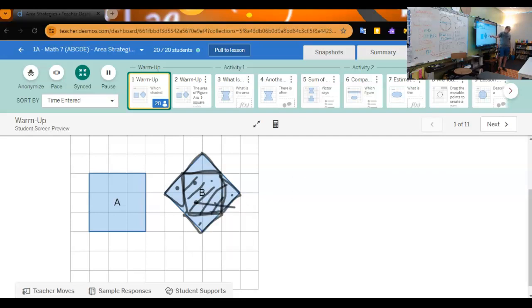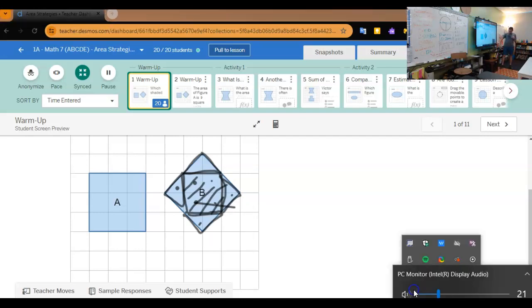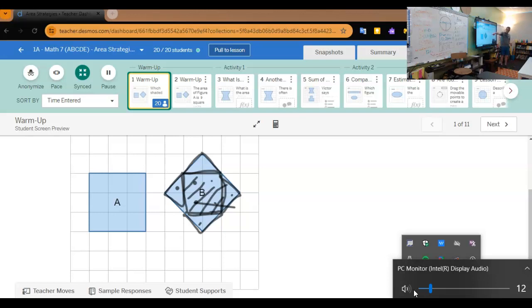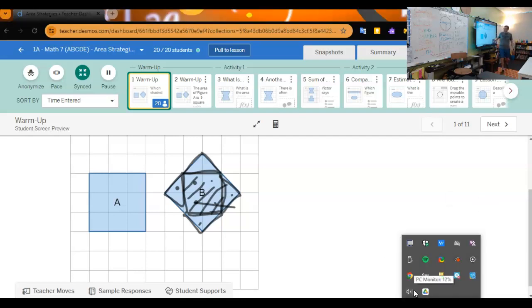So this is 8. It looks the same. Like in my brain, I'm like, yeah, those squares pretty much look the same size. They look the same size, but they're not. B is actually only 8, whereas A is actually 9. Right? All right, keep going then.